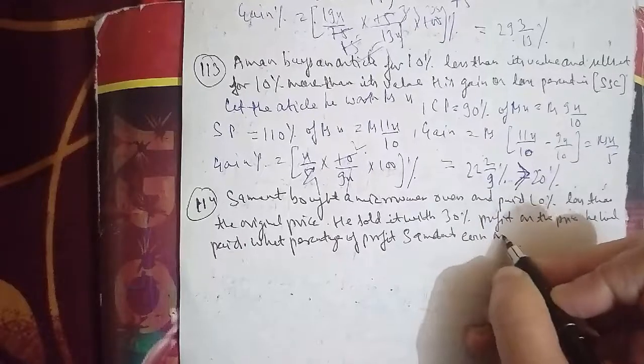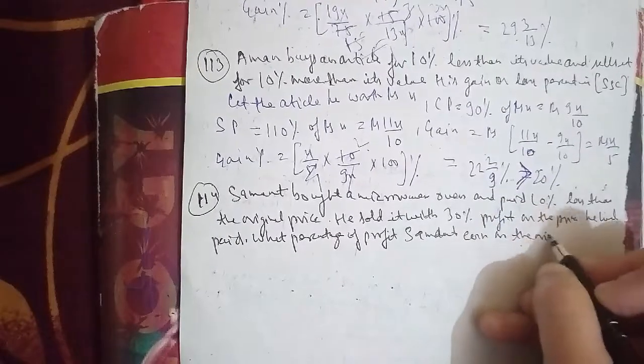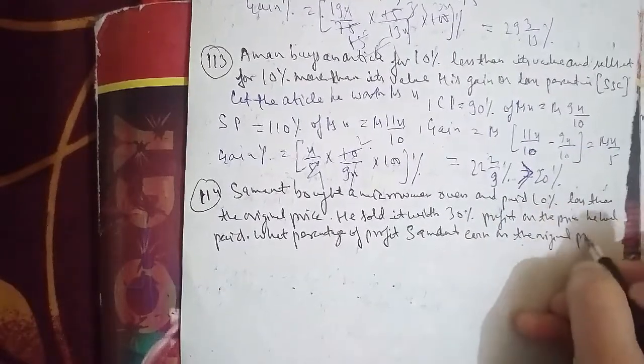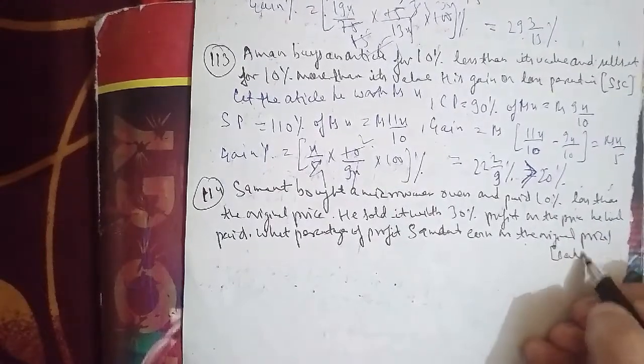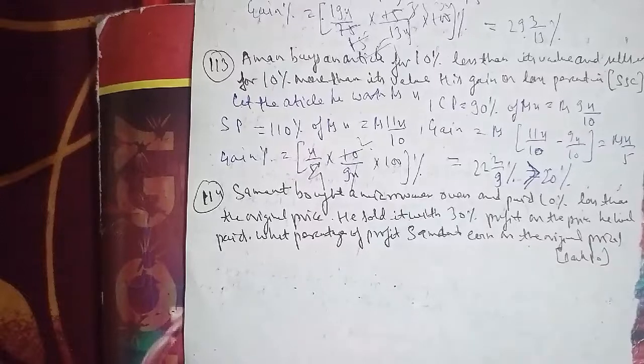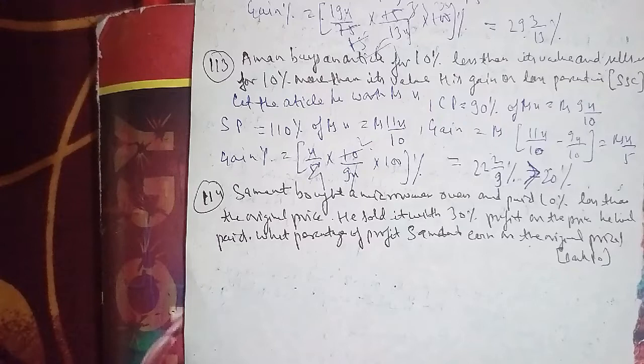The 0 cancels with the 0, so 13 nines are rupees 117. Required percentage equals 117 minus 100, which is 17% here.